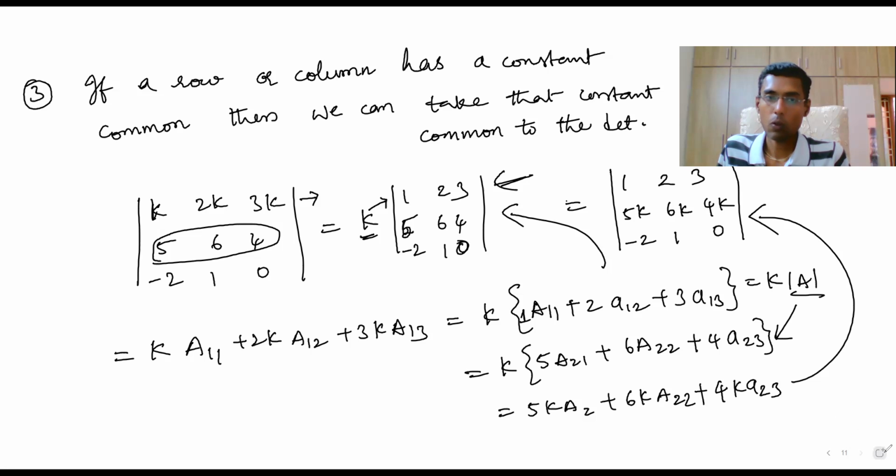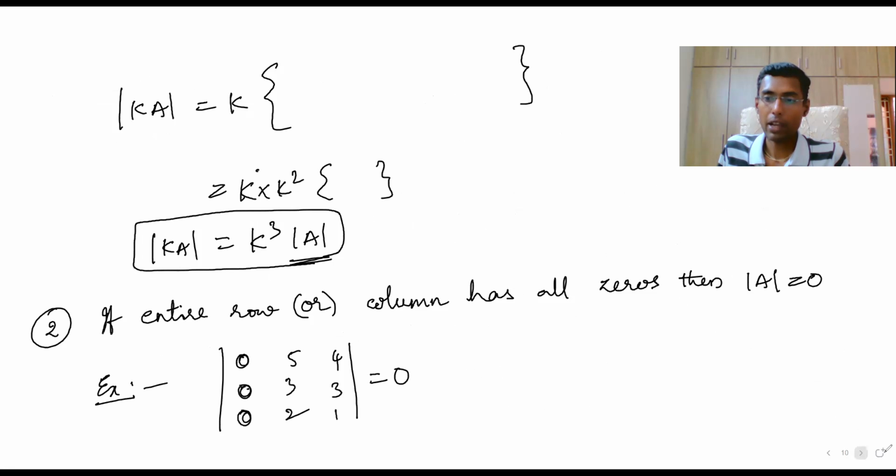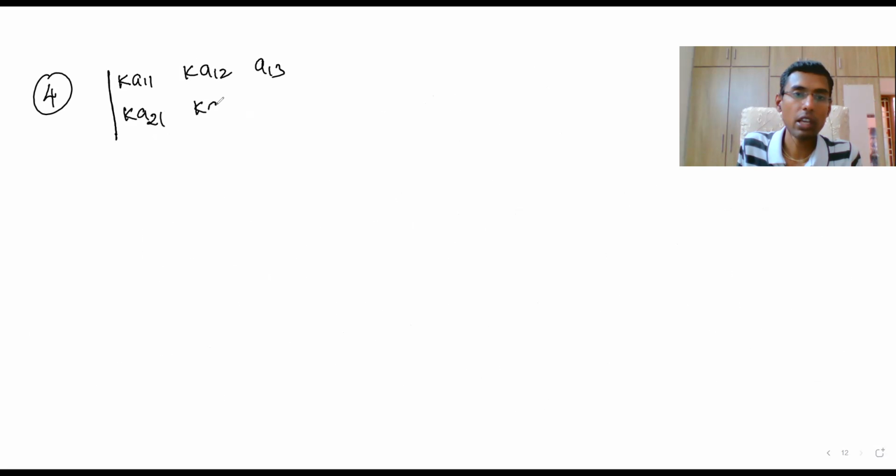Okay, then we'll go back and check this. What I would say is now, k a11, k a12, k a13, and then k a21, k a22, k a23, and here k a31, k a32, k a33.